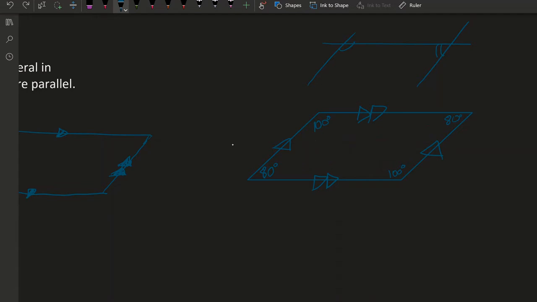On the other hand, if you look at the angles that are across from each other, those angles are going to be congruent. So that brings us to the parallelogram consecutive angles theorem.